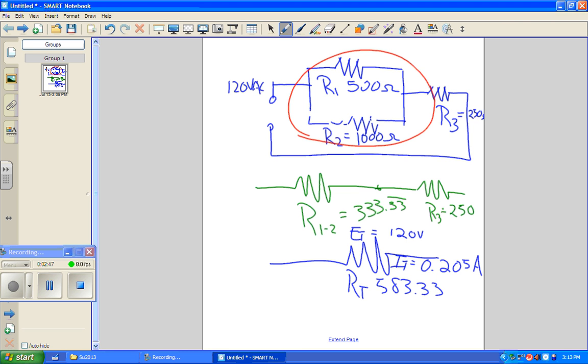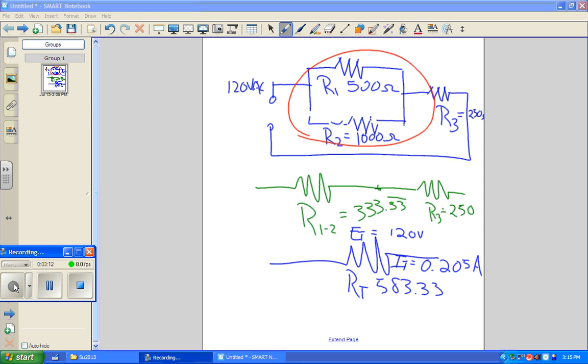Okay, 205 milliamps. Now, of this 120 volts, 205 milliamps, and 583.33 ohms of resistance, what number are we going to go back up into here? What are we going to pull out of this and take back to the last simplification? Current, because it's a series branch.